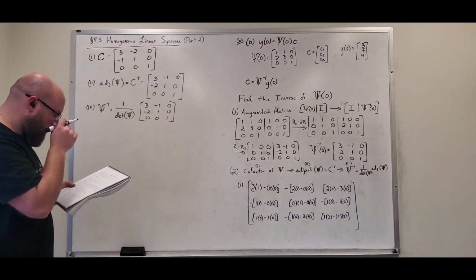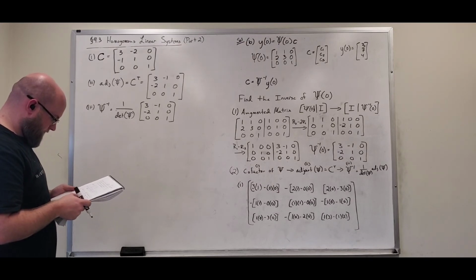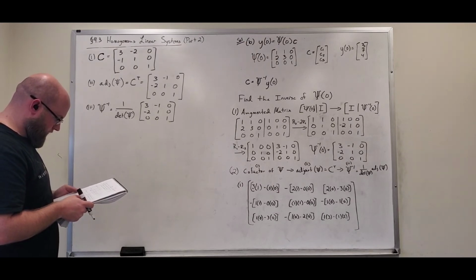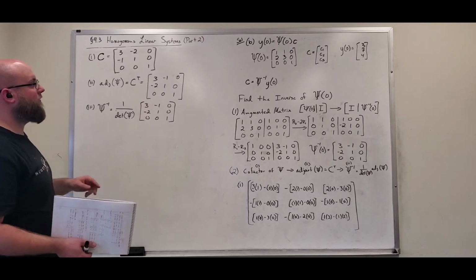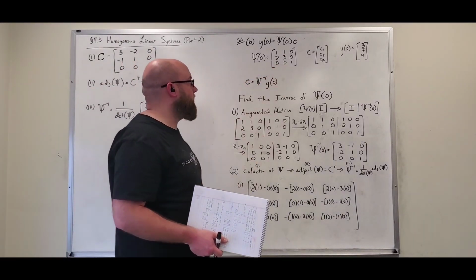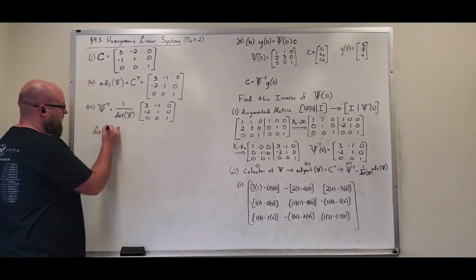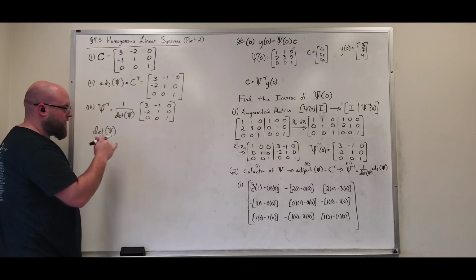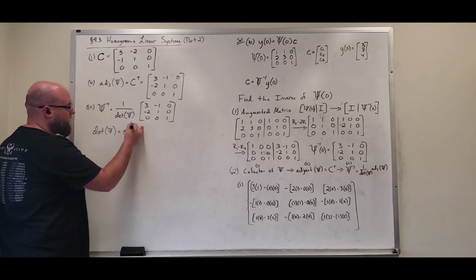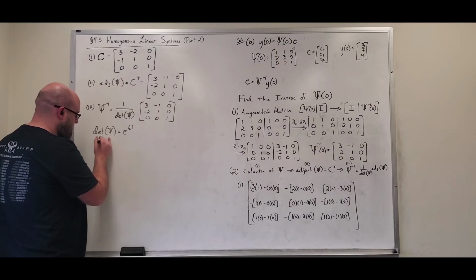So, our determinant. Well, the determinant of this guy, if we saw previously, I'm using previous information, the determinant of psi was e to the 6t. Well, we want the determinant of psi when evaluated at 0.